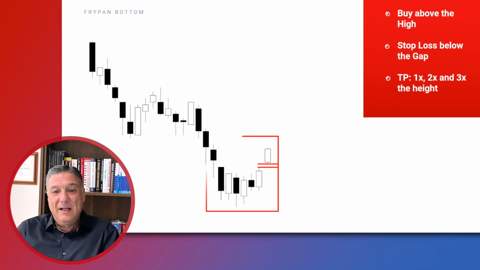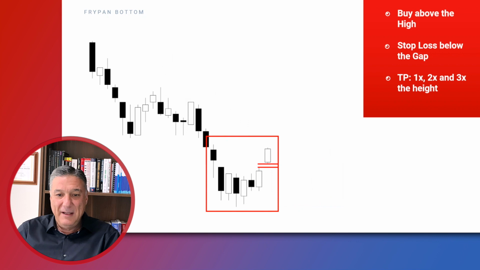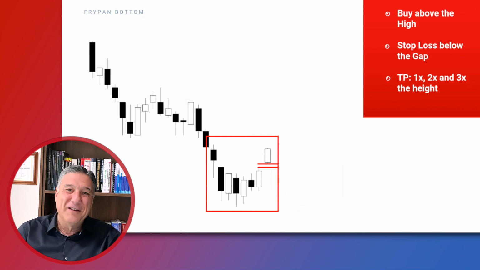A basic strategy regarding the Frypan reversal pattern. We can identify the Frypan, the rounding bottom as we call it in Western terminology, and the gap up and a white candlestick above the rising window.